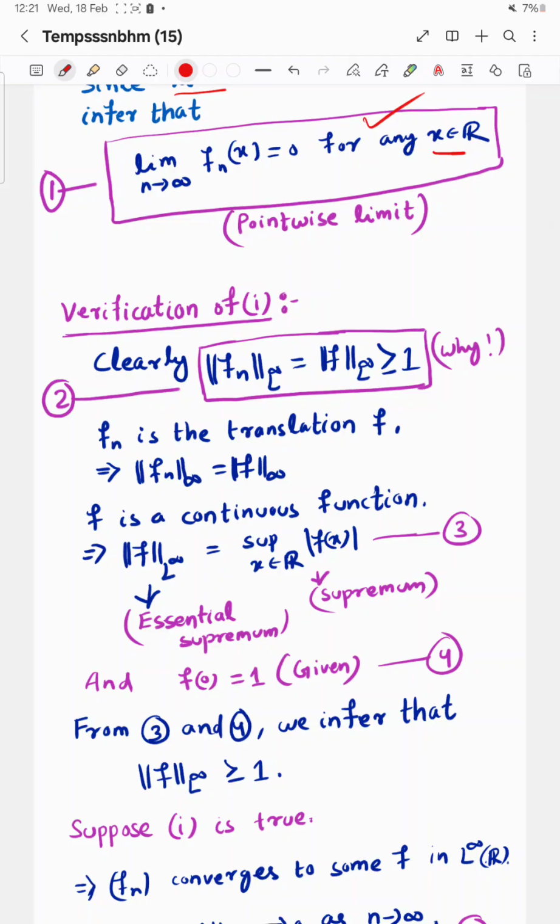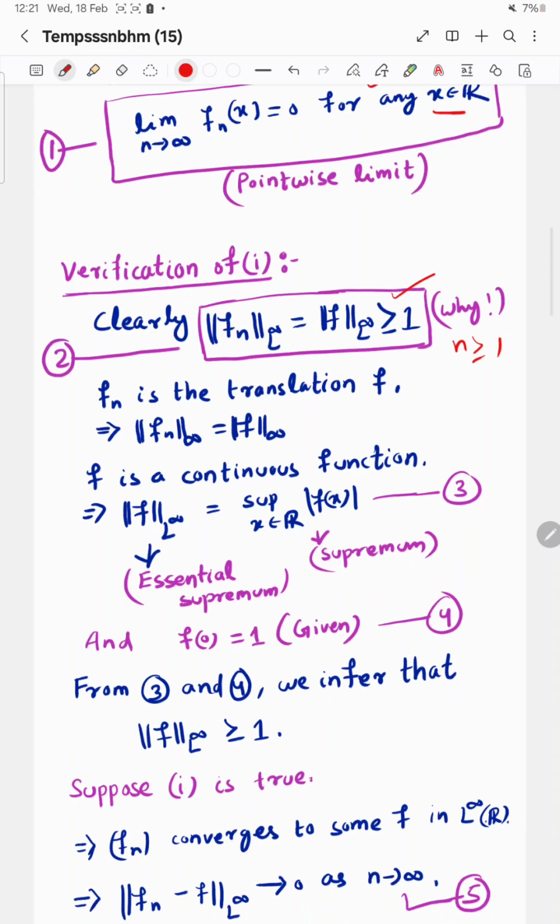Before going to verify this, first we have to establish this nice property. It says that the L infinity norm of f_n is equal to the L infinity norm of f for every n greater than or equal to 1, and in addition the L infinity norm of f is greater than or equal to 1. So we have to verify this.